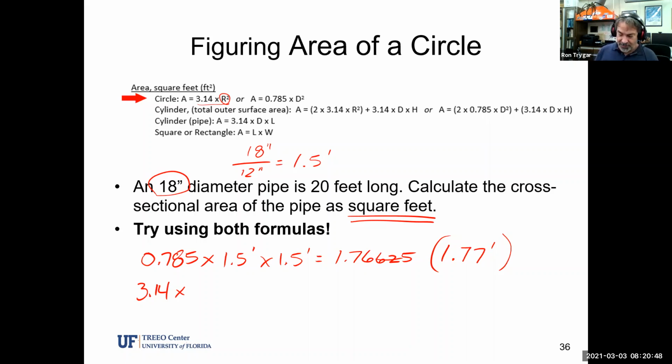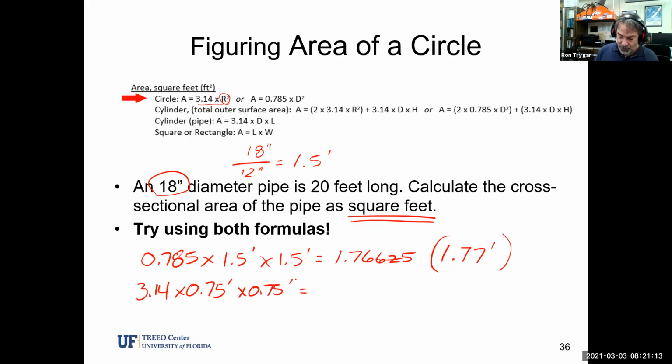So 1.5, divide that by the number 2. So when we divide 1.5, we actually break it into 2 halves, and each half then is 0.75 feet. So 3.14 times 0.75 feet for the radius times 0.75 feet for the radius now gives me what?